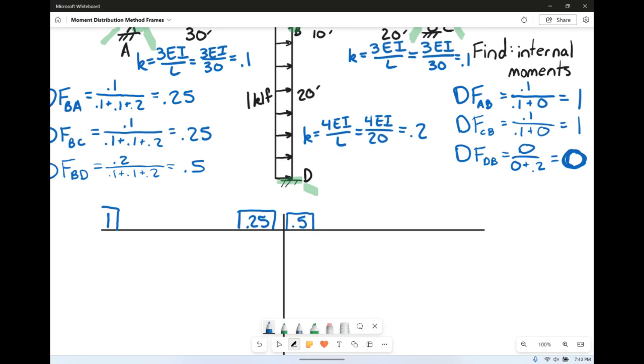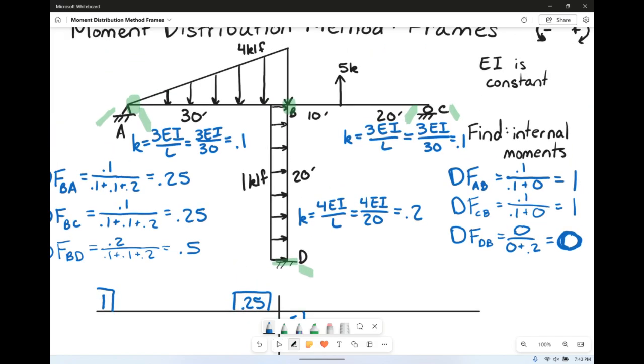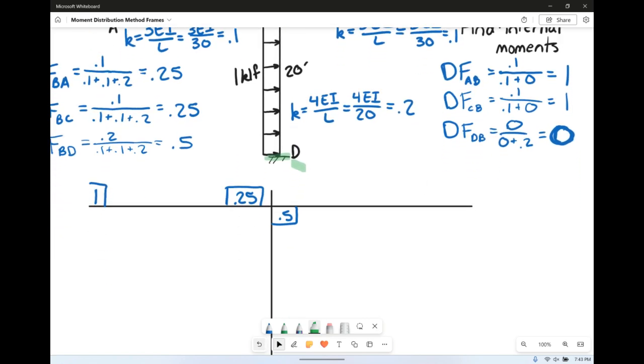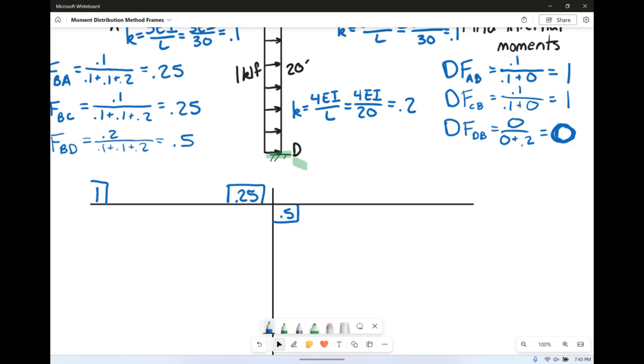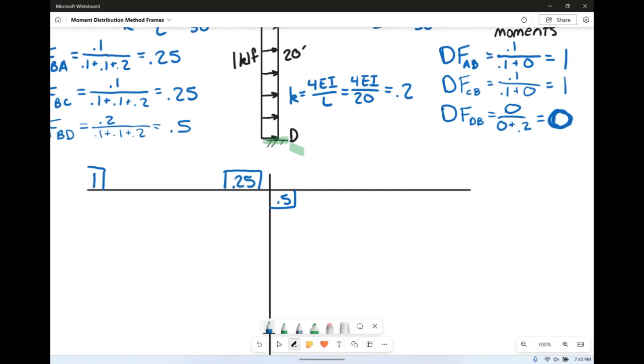Again, this is going down. It might help you if you write it down here like this, so that you know that it's the going down member. If you want to just remember that it's the one in the middle, that's fine. As we look, we're going from left down to right. Whatever method you use to fill out your table properly and make sure it's distributing properly is up to you.